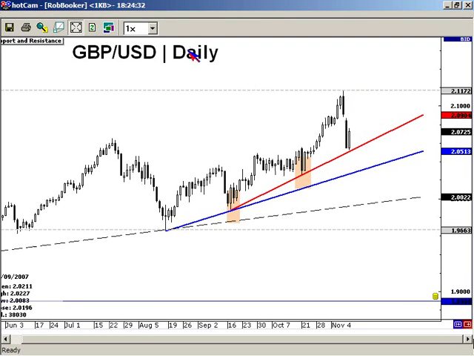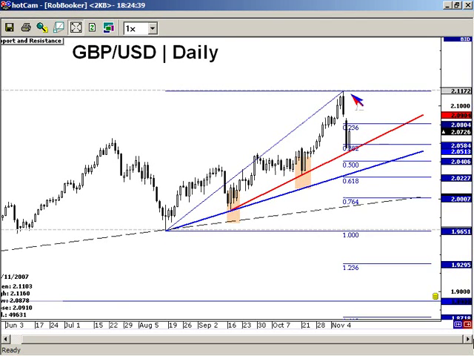We could use, for instance, a Fibonacci retracement right here, and the first profit target at 2.0804, second profit target at 0.584, and so on. That's just another methodology for trading this currency pair in the longer time frame.